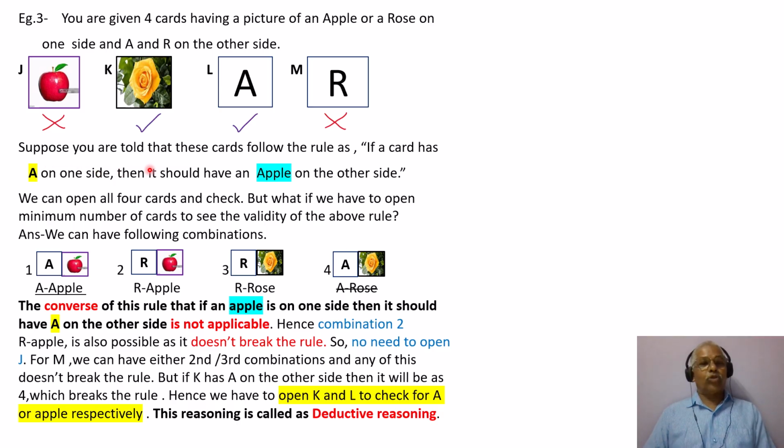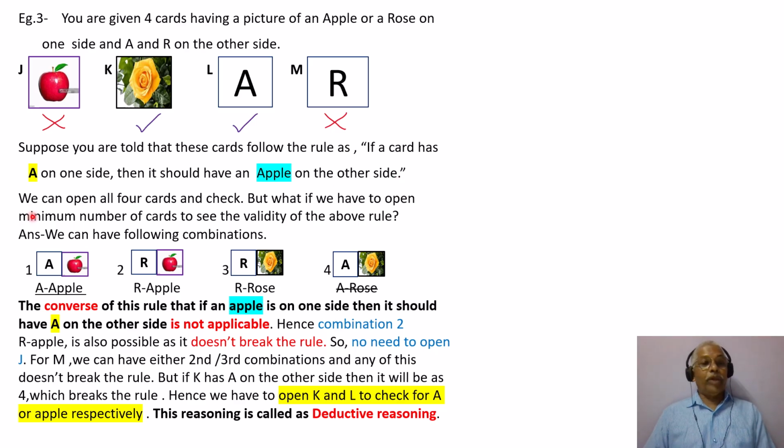Suppose you are told that these cards follow the rule, try to understand this rule properly every time. If a card has A on one side, then it should have an apple on the other side. Okay, it's talking about A. Try to understand this.